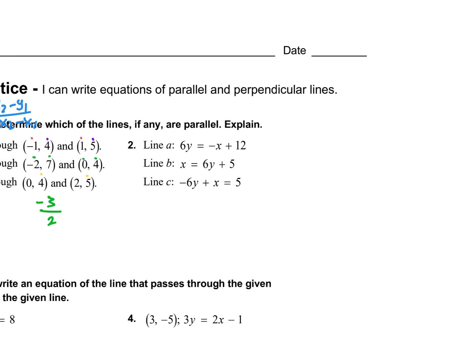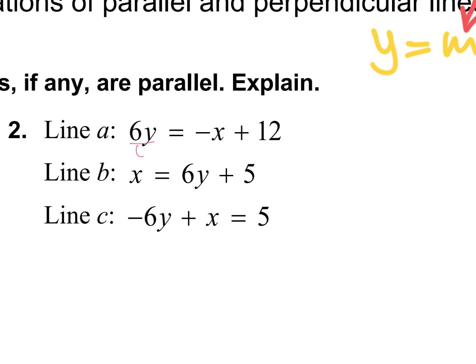Number 2. So these, we're not given points, so what I would do is put them in slope-intercept form, because in that form, I just look at the thing in front of x, and boom, that is the slope. So on line A, I could just divide everything by 6, and I would get y equals negative 1/6 x plus 2.